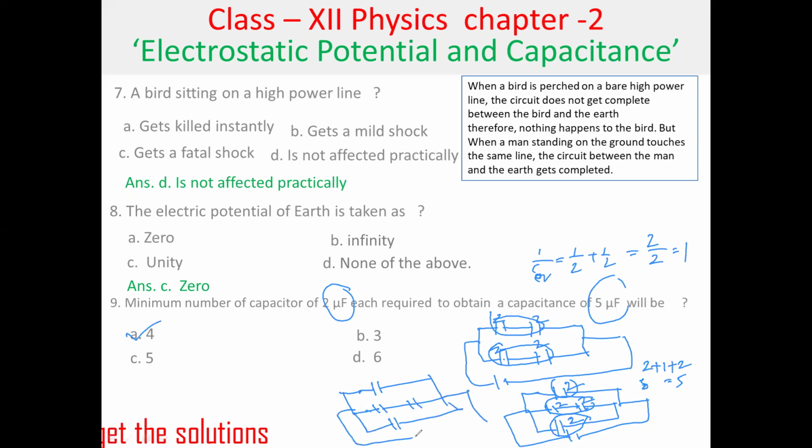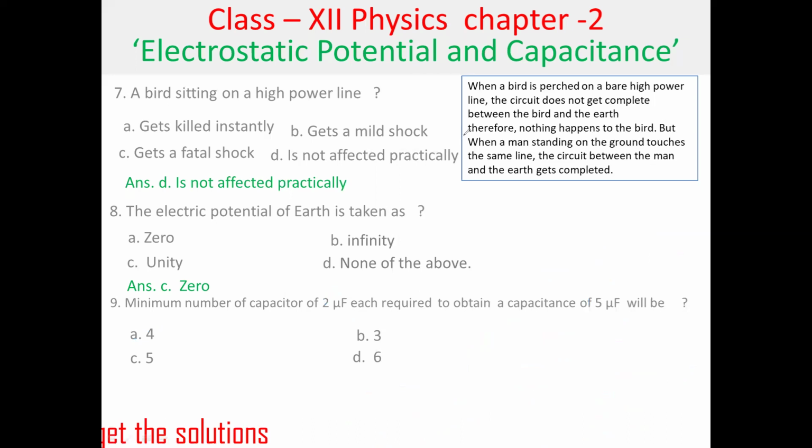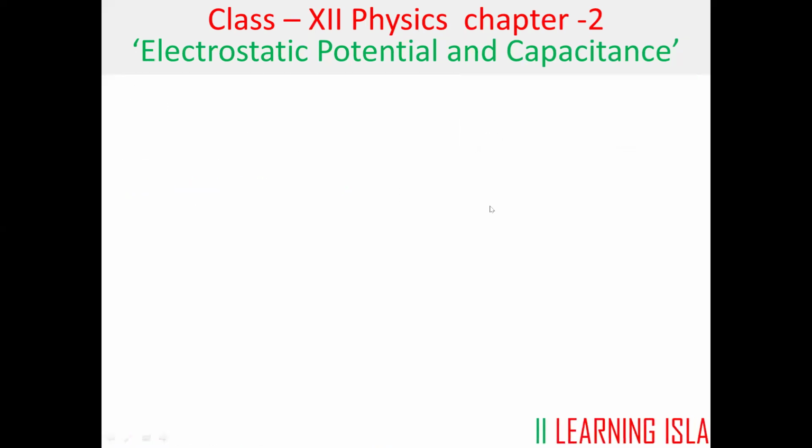Yes, this will be the combination. 2, 2, 2, 2, that is 4, and the equivalent would be 5. Hope this is clear to you. So let us see the answer. Answer would be 4. Let's go to the next question.